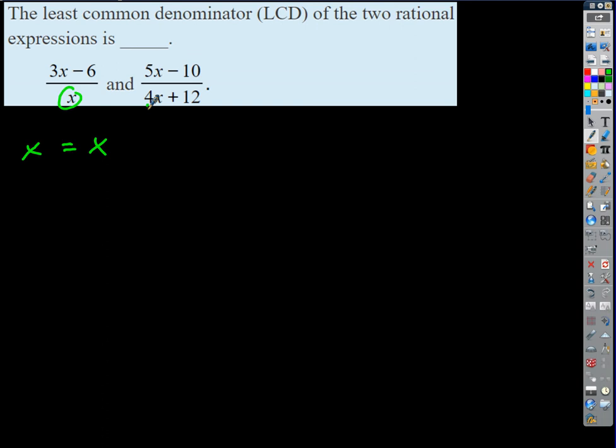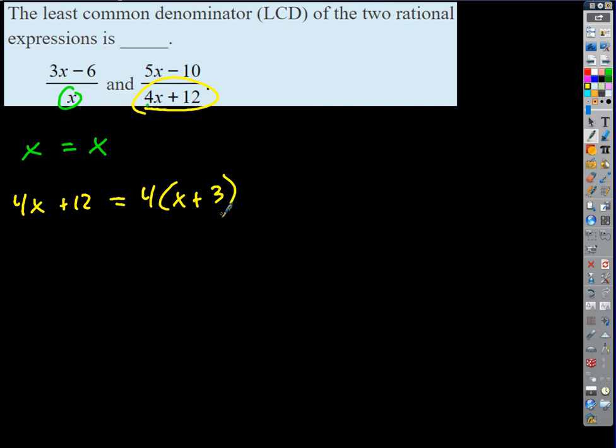How about this one? Four x plus 12 in factored form is what? Four times x plus 3. They don't share any factors in this case, right?